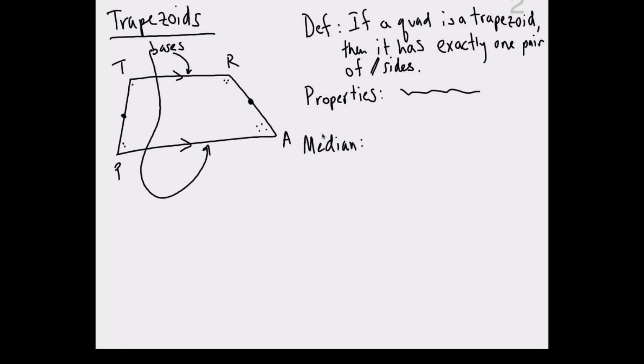Want to guess what these things are called? Legs. If I take the midpoint of the legs and connect them, that's called a median. It's a median of a trapezoid, not to be confused with the median of a triangle, or the statistical median.